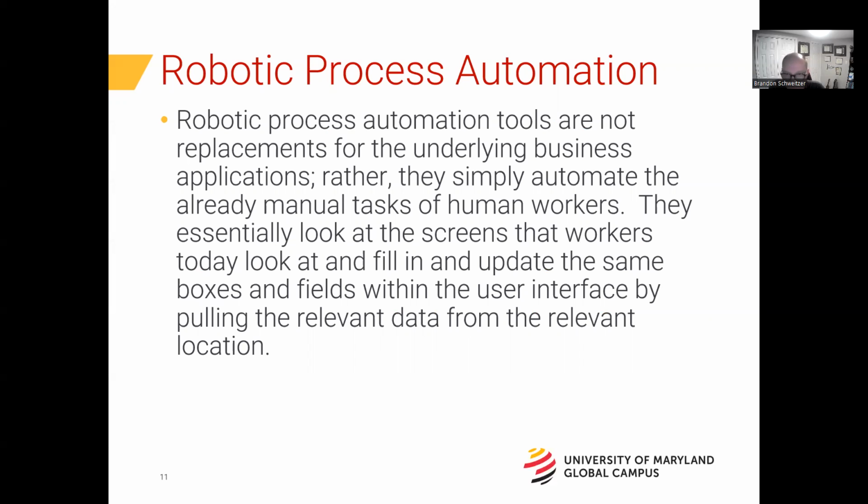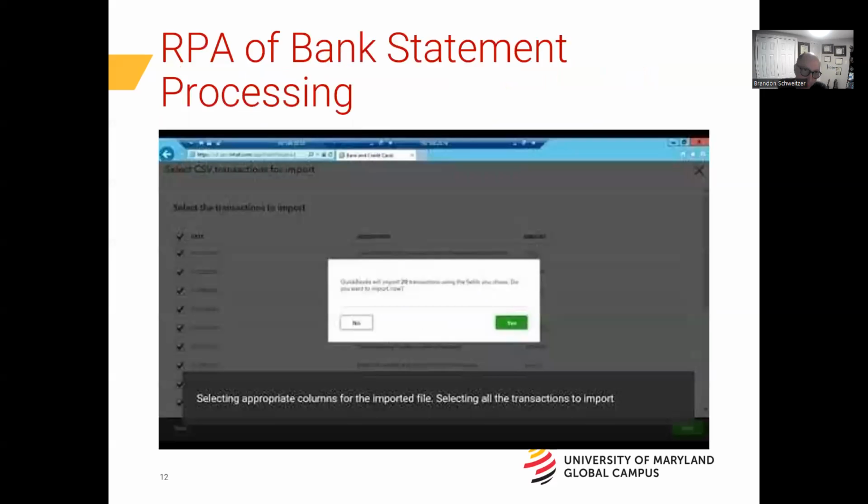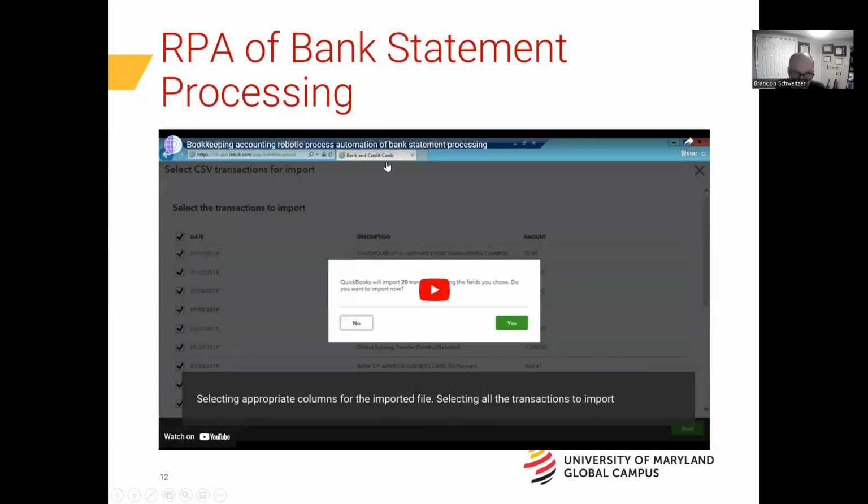That is another part of robotic process automation. There's so many elements of robotic process automation that save us time and money. And with that, I want to show you an example of robotic process automation in work through a bank statement process of reconciliation. So let me show you what this looks like.